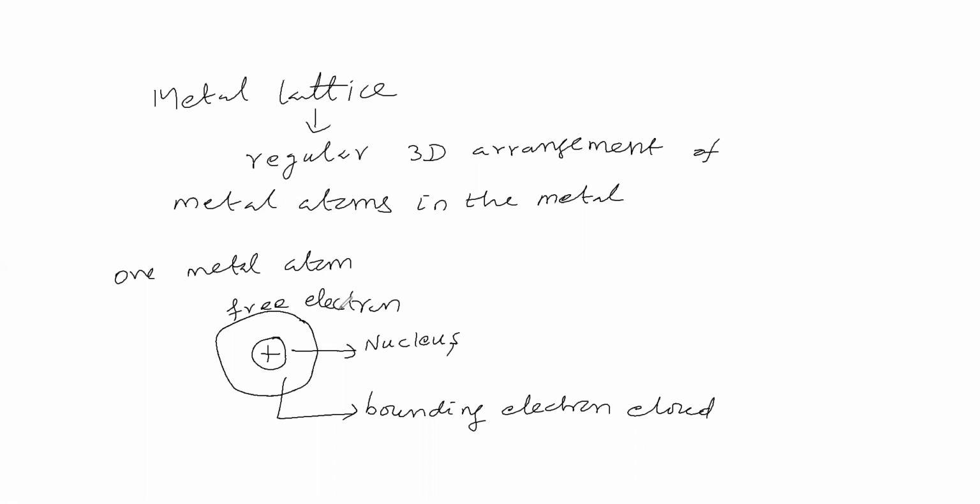So now you say this free electron belongs to this metal atom, or shall we say all the metal atoms? Does this free electron belong to only this metal atom, or all the metal atoms?